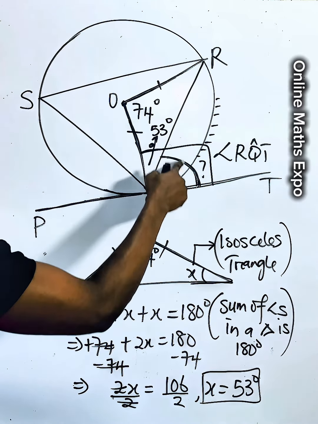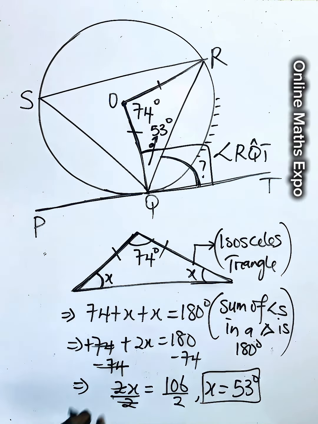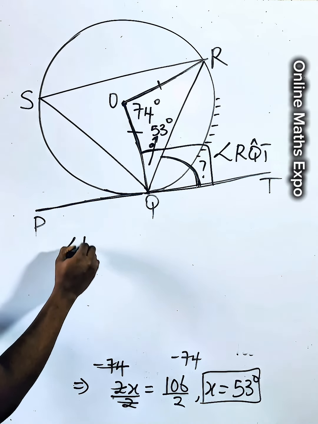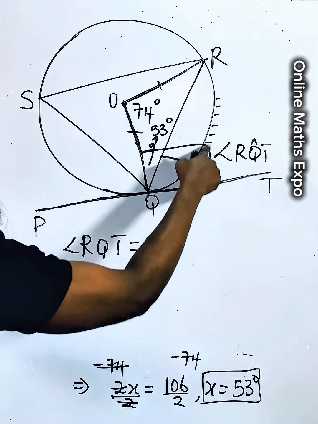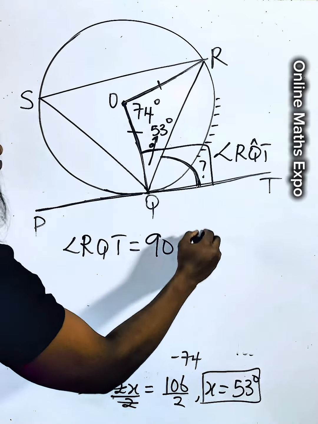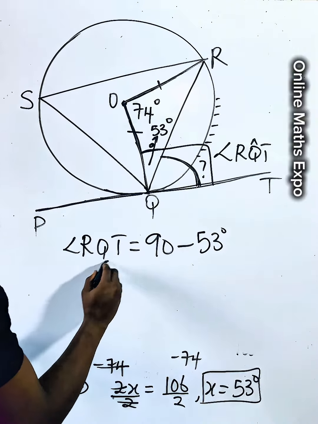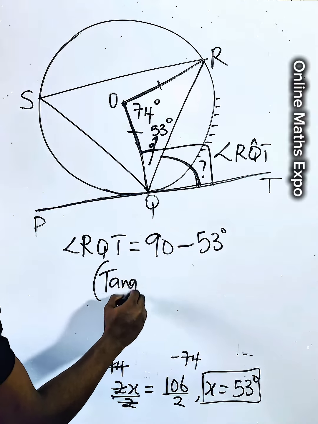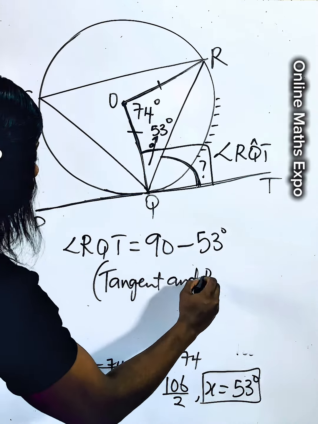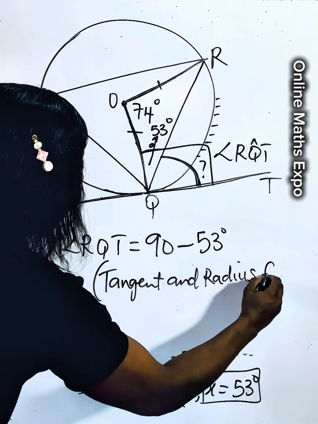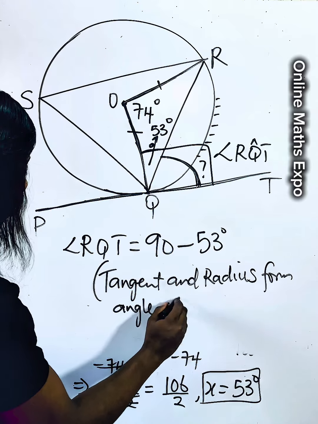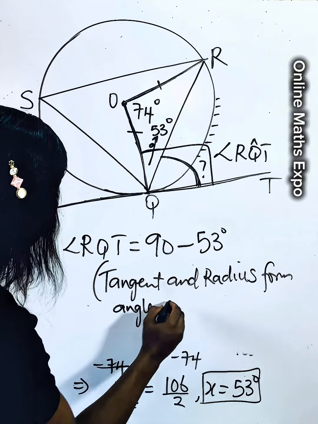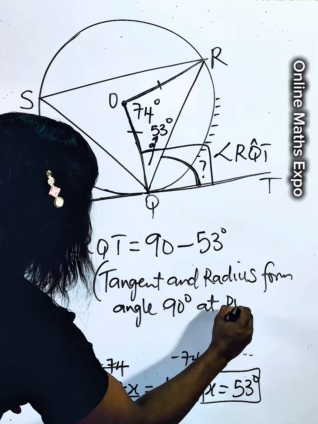And if it's 53 degrees, can we find angle RQT? Yes, angle RQT is equal to 90 minus this angle we have formed. Remember we said this is 90. And what is our reason? The tangent and the radius form angle 90 degrees at the point of contact.